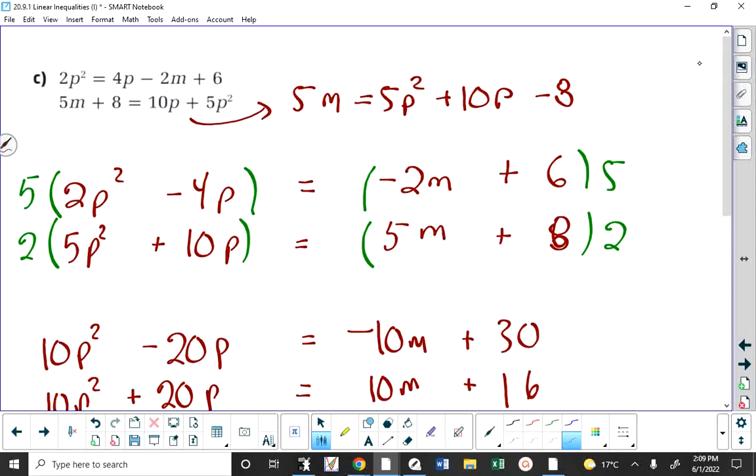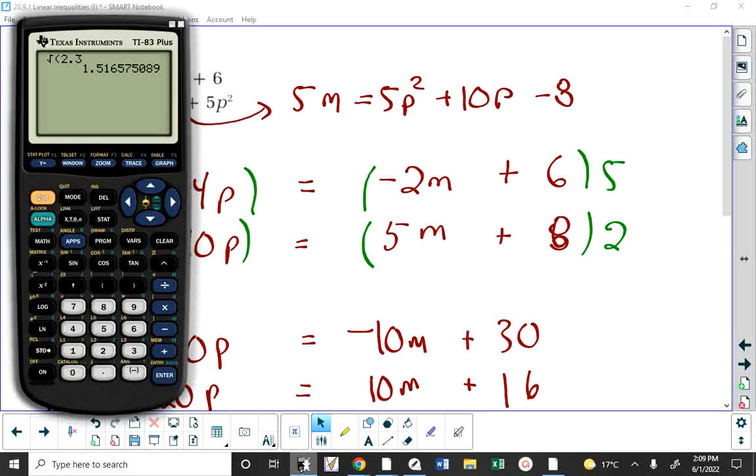So if I go with this one, I'm going to have 5 times that squared plus 10 times that minus 8, about 18.6. If you do the other one, you get negative 11.66.